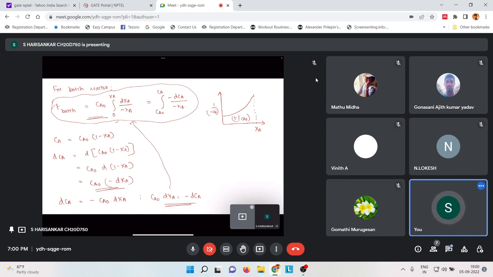And if we take the plot with respect to the second equation, take 1 by minus Ra and Ca, the plot will be like this, where this will be Ca0 and this will be Ca. And the area under this curve will be t. Okay. So these are some of the things that you have to note when it comes to design of a batch reactor.